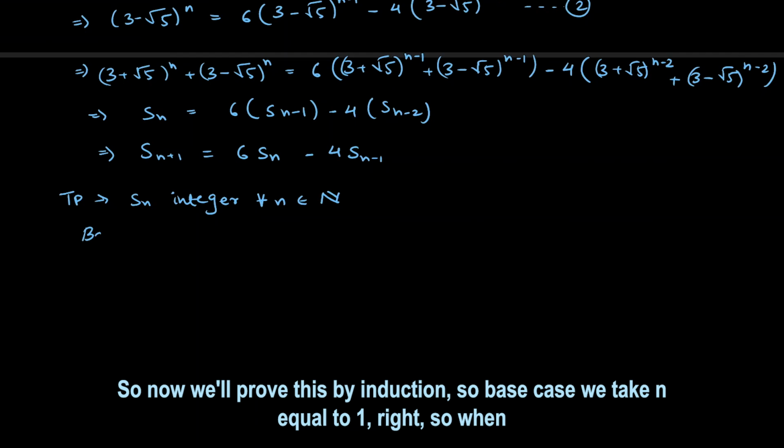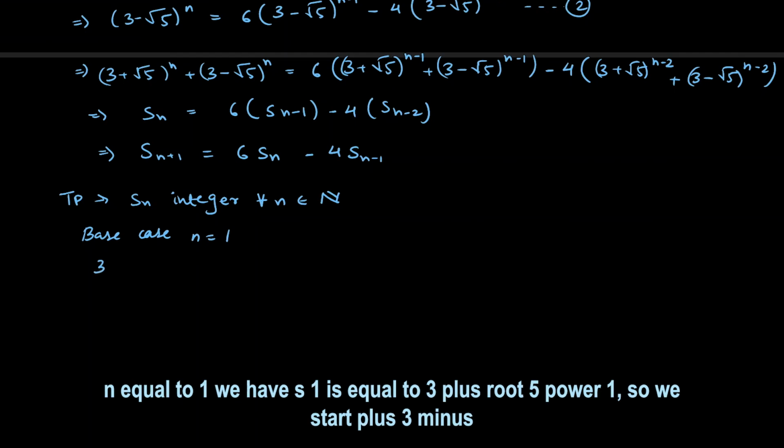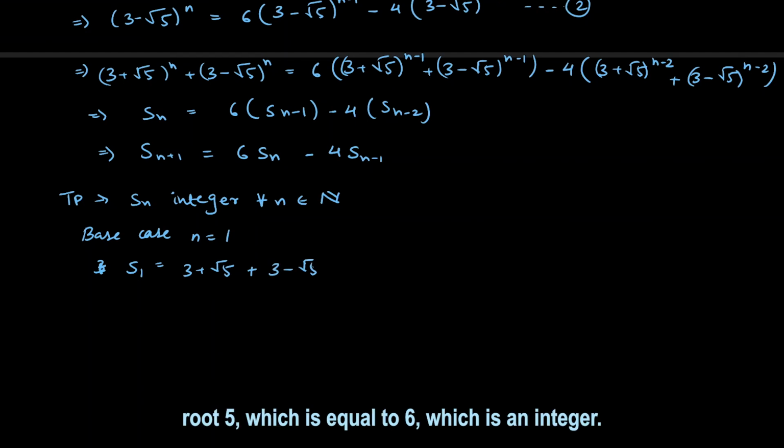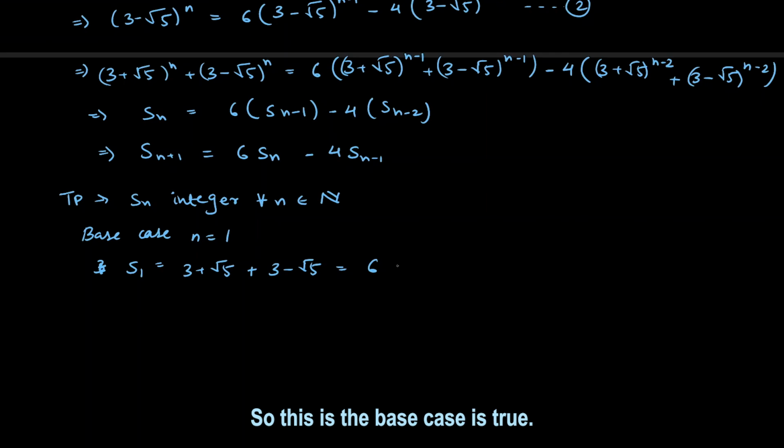For the base case, we take n equal to 1. So S1 is equal to (3 + √5) + (3 − √5), which is equal to 6, which is an integer. So the base case is true.